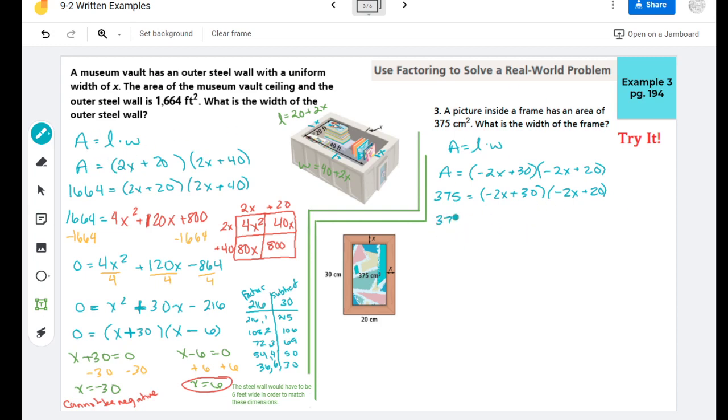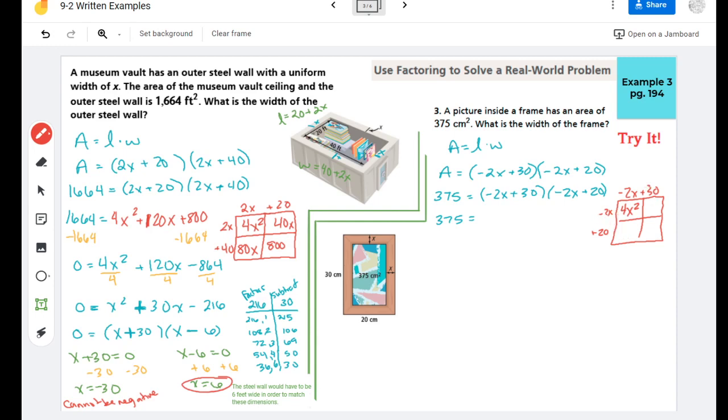So now just like last time, I'm going to go ahead and use the box method to multiply those together. So negative 2x plus 30, negative 2x plus 20. So in the top left, negative 2x times negative 2x is a 4x squared.